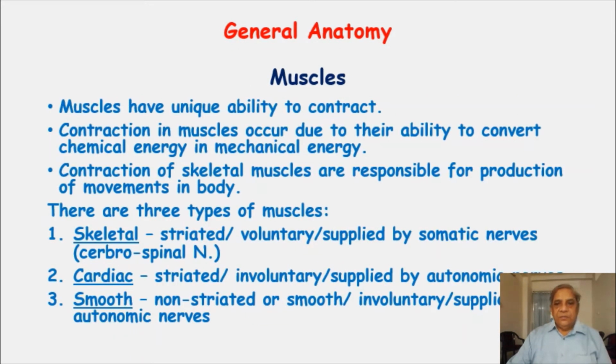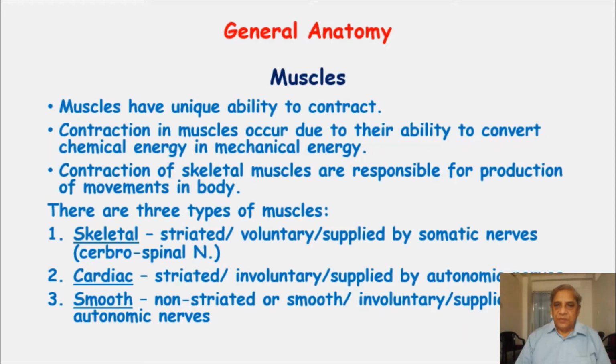Now, muscles have unique ability to contract. What does it mean? It means that the muscle fibers or muscle cell, as in case of the smooth muscle cell, and fiber in case of the skeletal muscle fiber or the muscle fiber of the cardiac muscle, they are having a unique ability to contract.